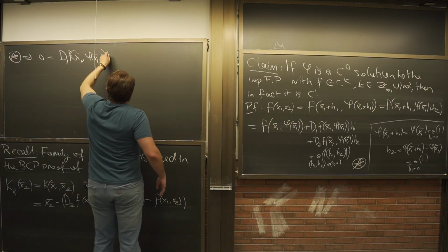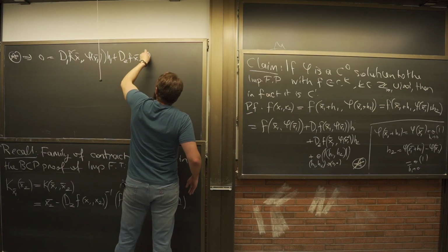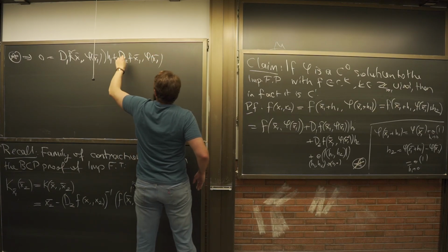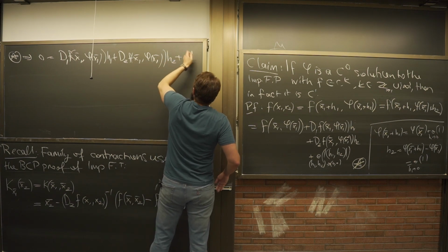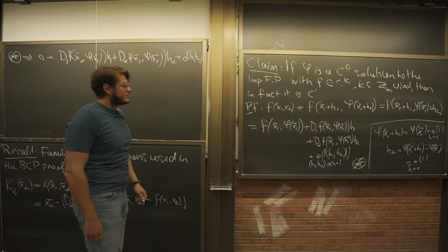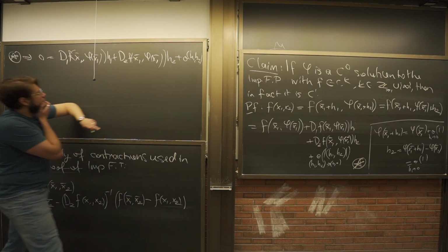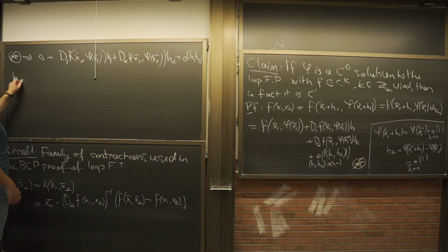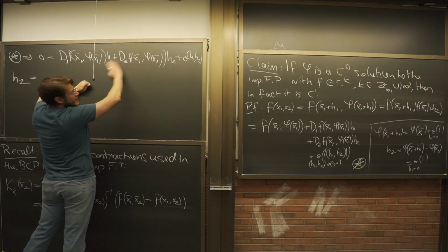This is the first part. And then this is the second part. And then little o of h1, h2. That's what I said. And now I want to solve for this guy. Solving for h2 gives me that, right? So I need to apply the inverse of this to everything.